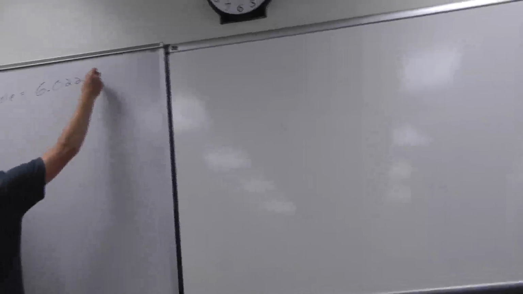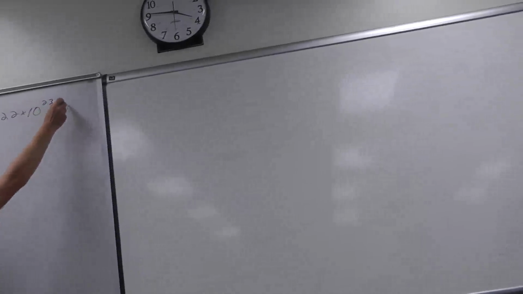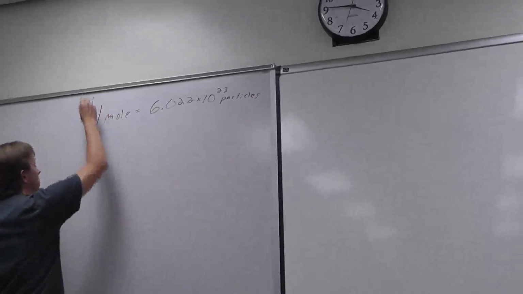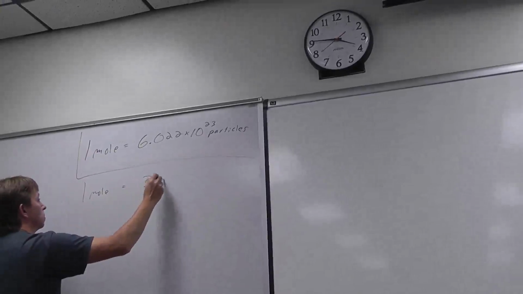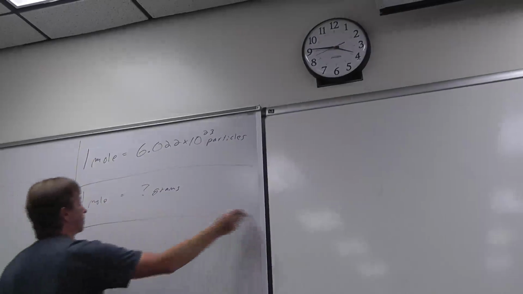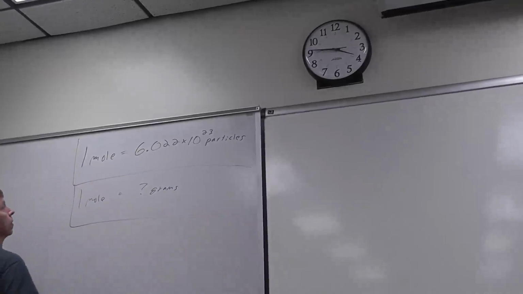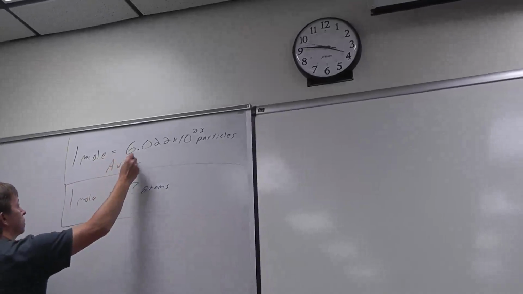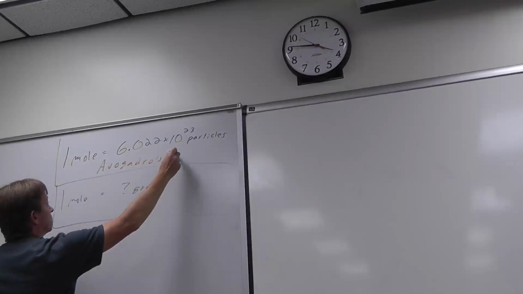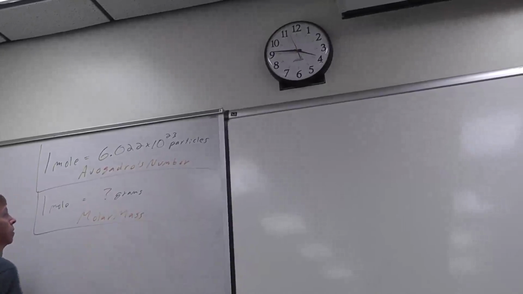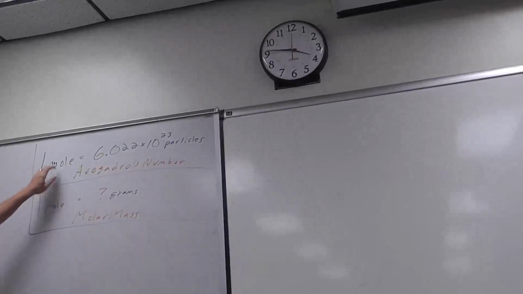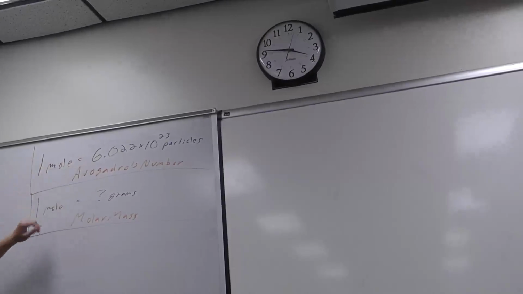When we first defined moles, we had these two relationships. By name, Avogadro's number, and molar mass, where Avogadro's number was a constant and was the same for everybody, and molar mass was not.